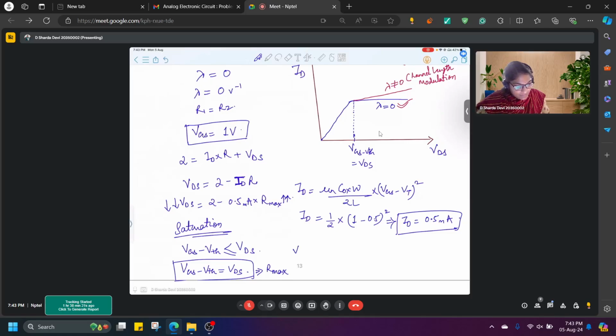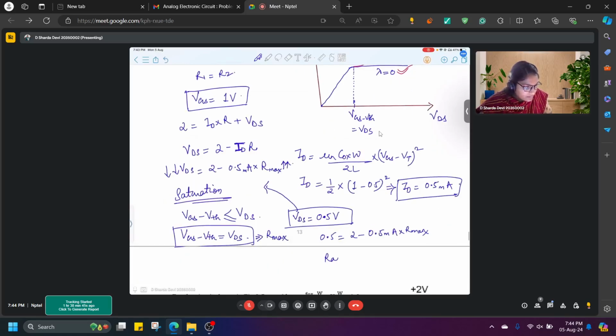With this condition, I can find the R max. So how much is the VDS that we are getting? It is 0.5 volts. Correct? Substituting it here, we get 0.5 equal to 2 minus 0.5 milliamps into R max.